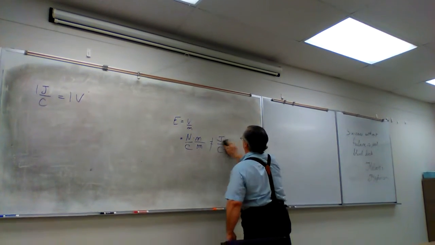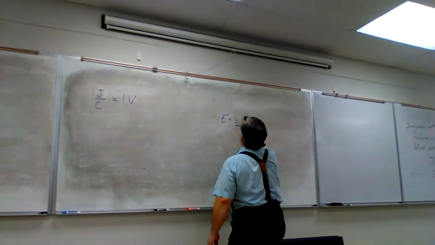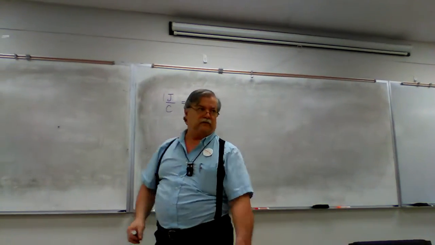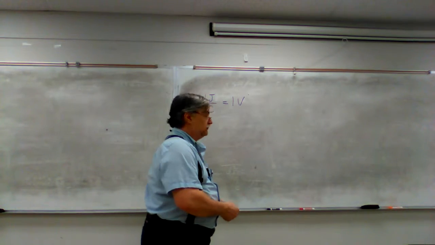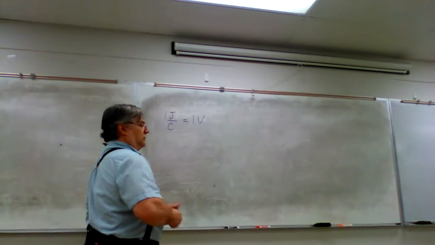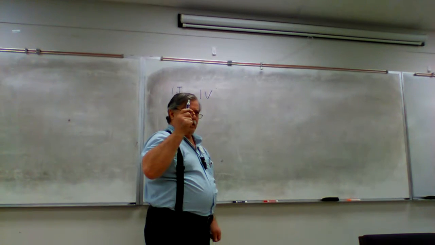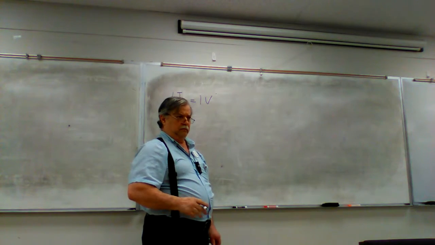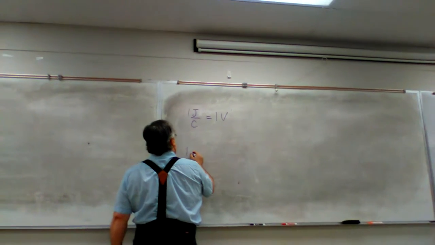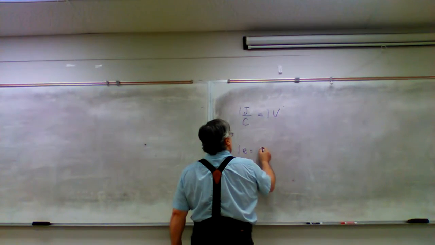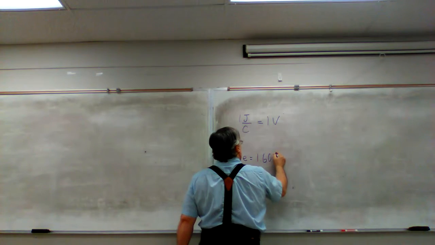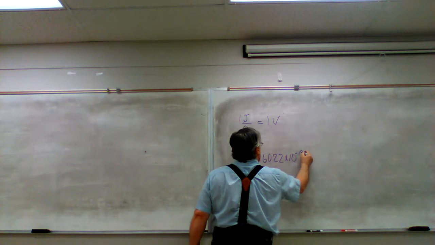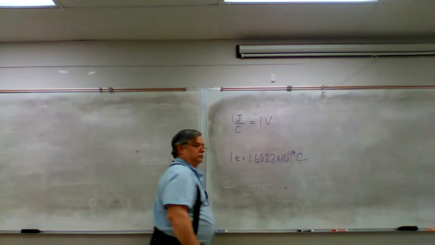Now, keep all that straight, but get rid of it so we don't start confusing ourselves with it. How many coulombs is 1 electron? Boom.